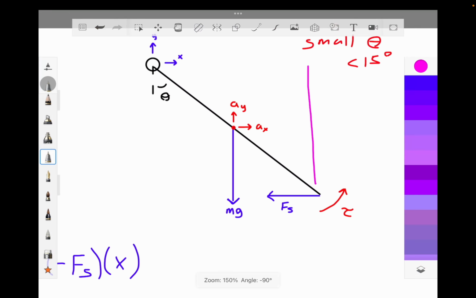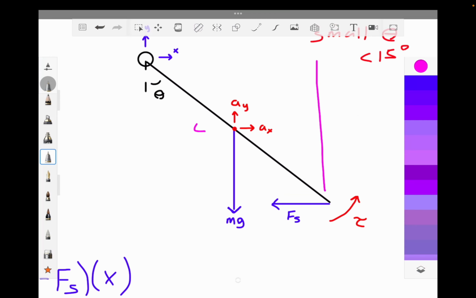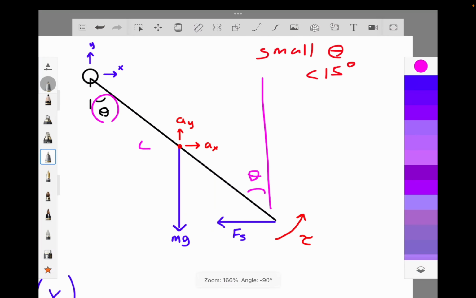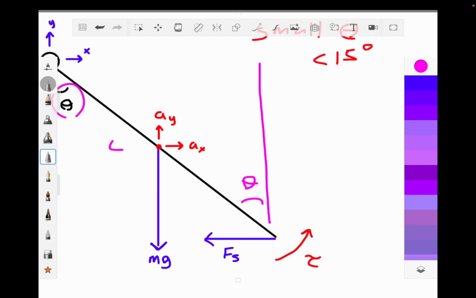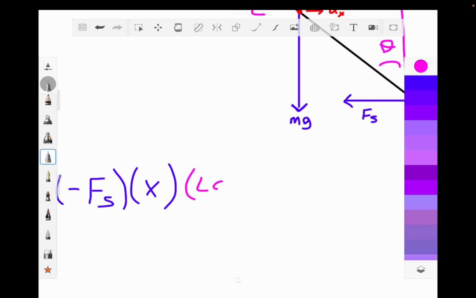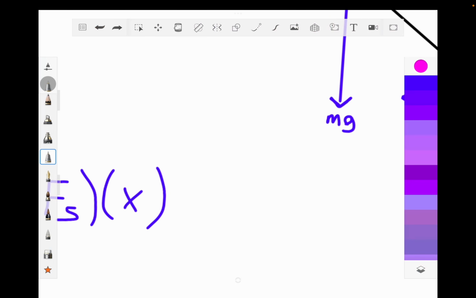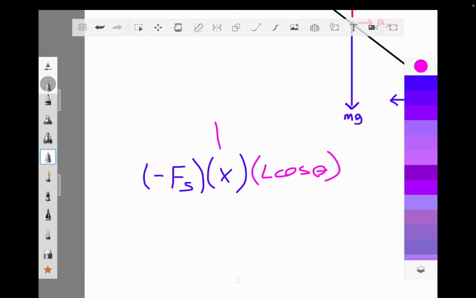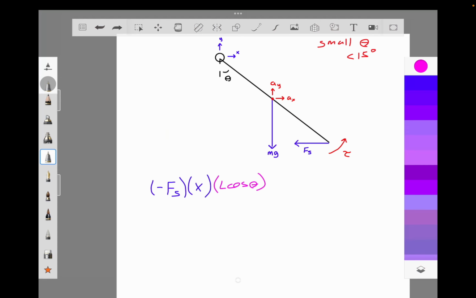We know this is L. If this angle is right here, then this angle is also right here. And so this length right here would then be L cosine of theta. Bam. L cosine theta. And then I'll explain what this x is in a bit.